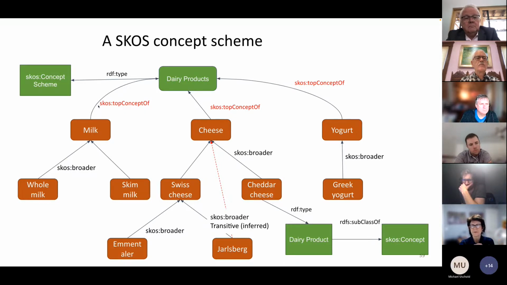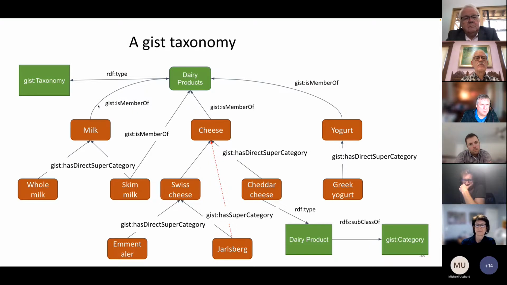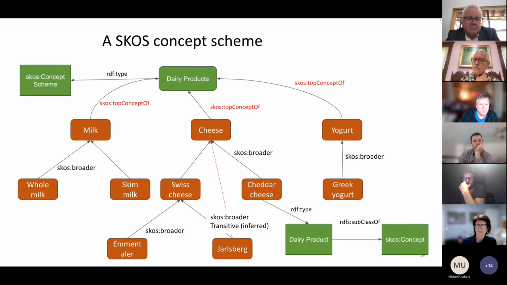It allows you to indicate what the top level of the taxonomy is, whereas with gist, these all actually are members of the taxonomy. So we understand what's below the terms, but we don't know if there's anything on top of these terms, whereas SKOS allows us to specify that. So that's one feature of SKOS that we don't have.